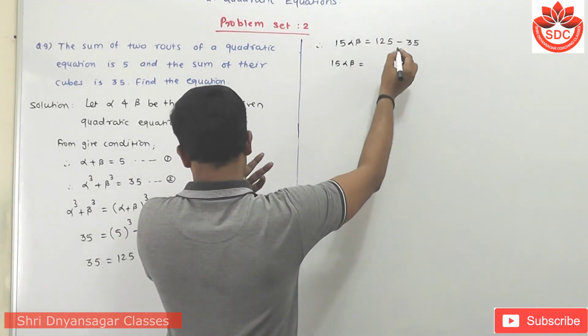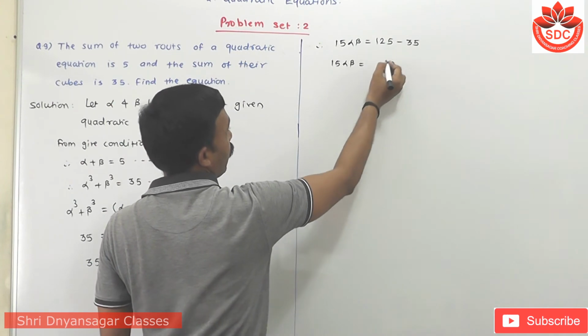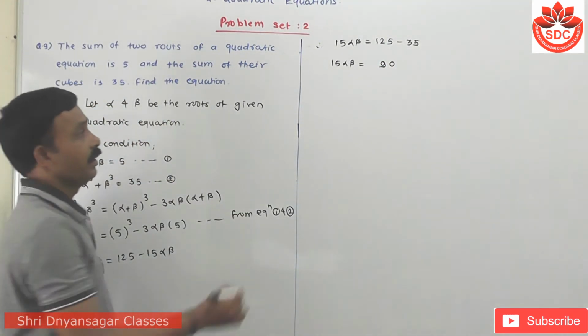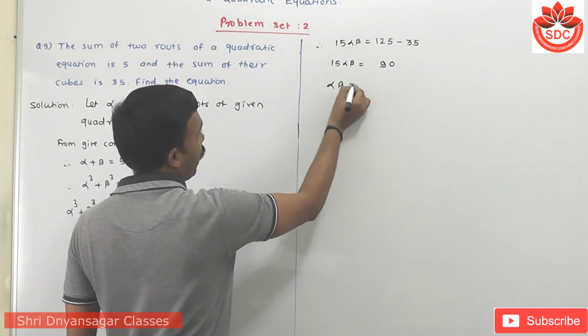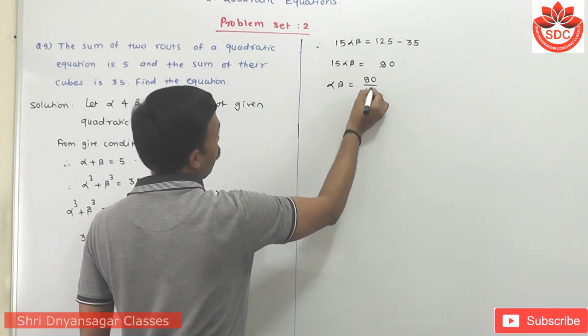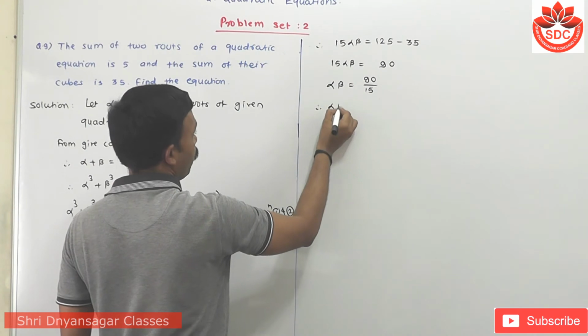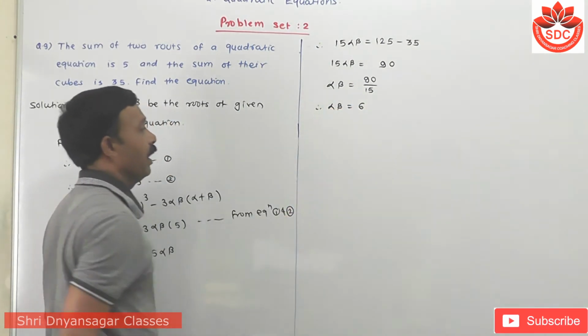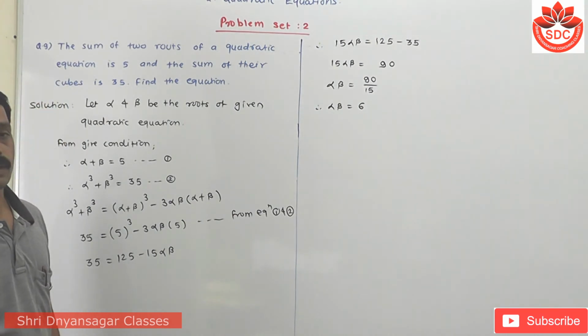From this 12 we can subtract 3, which is 9, plus 9. Then alpha into beta is equal to 90 upon 15. We know that the 15 table: 15 6 9. Alpha into beta is equal to how much?